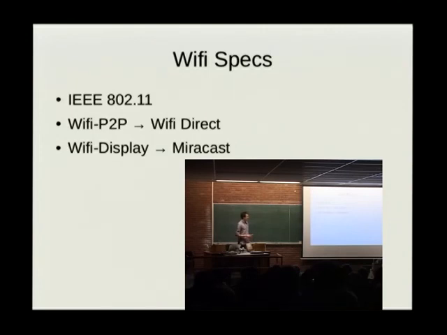And there's one spec that's called Wi-Fi peer-to-peer. I think that's 6 years old now, I'm not sure. And Wi-Fi Direct is the certification program name of the Wi-Fi Alliance, but it's basically the same. And in 2012 they released the Wi-Fi Display specification, which defines Miracast.